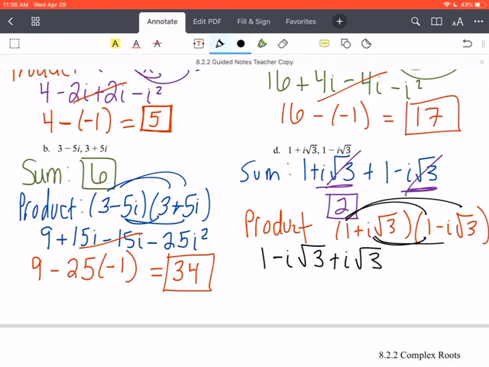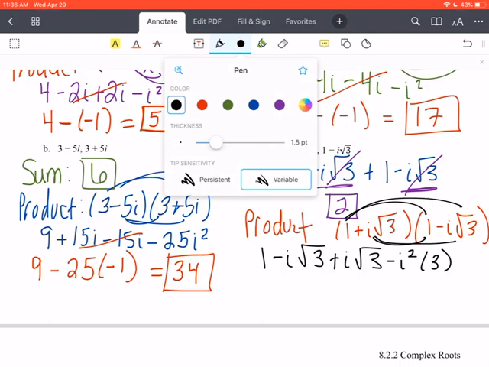And then i root 3 times negative i root 3. Let's be careful here. i times negative i is negative i squared. And then what's any root times itself? Root 3 times root 3, the thing underneath pops out, so it's 3. So this is negative 3i squared.